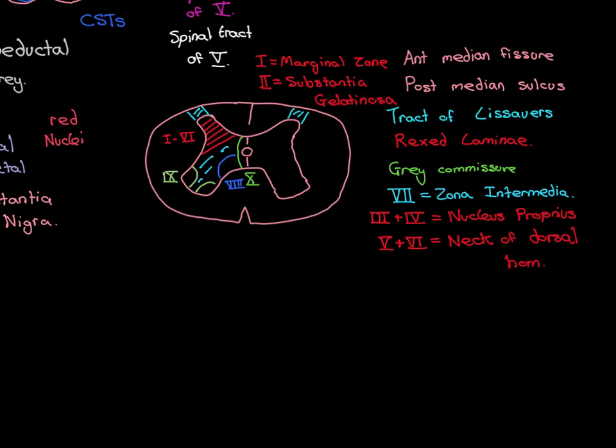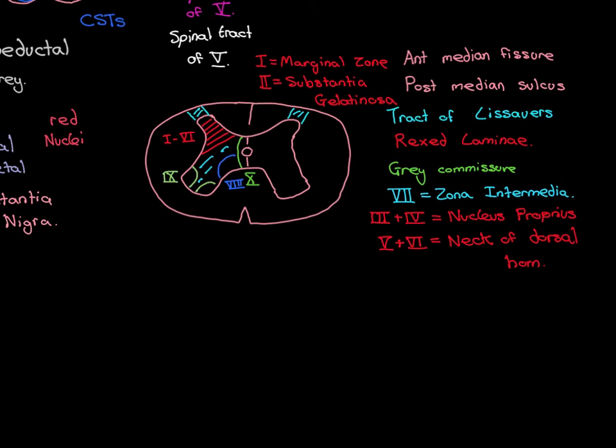So overall, the spinal tract of the trigeminal nerve is continuous with the substantia gelatinosa of the first two cervical levels, C1 and C2. The substantia gelatinosa is the continuation of the spinal nucleus of the trigeminal nerve. So, if you are a primary sensory afferent in the trigeminal nerve that is going to send its central process down into the portion of the spinal nucleus of the trigeminal nerve that's in the C1, C2 level, your central process will go down through the tract of Lissauer.